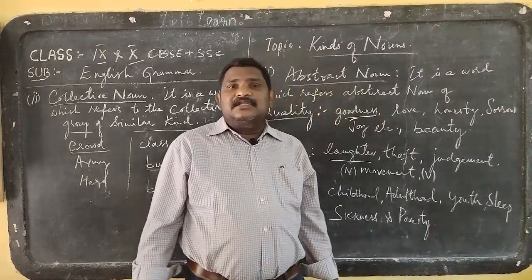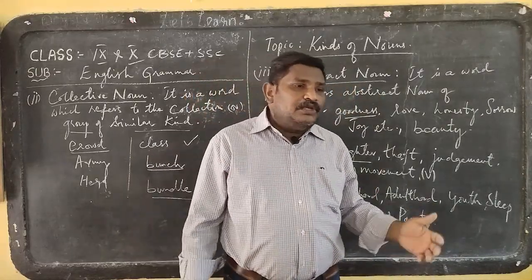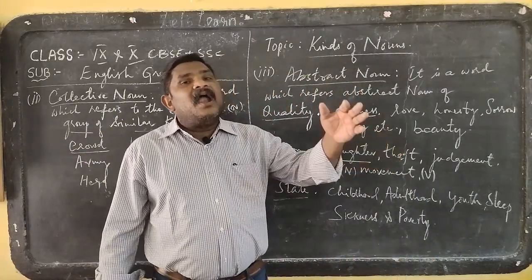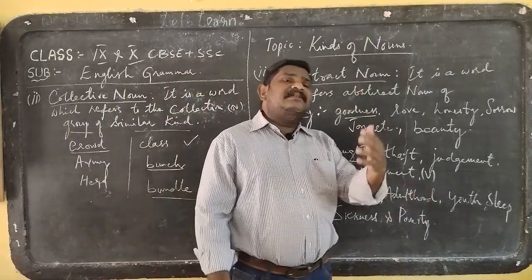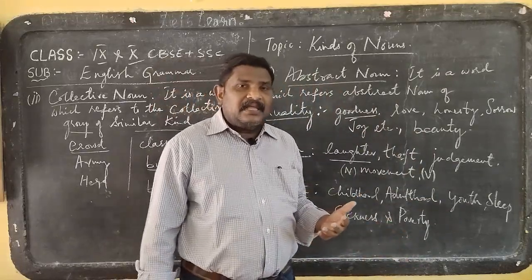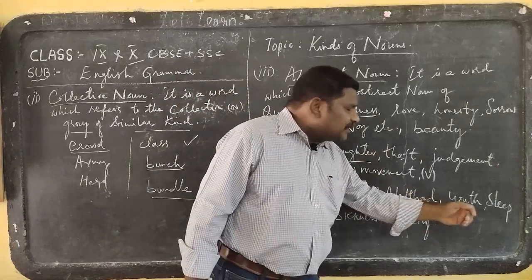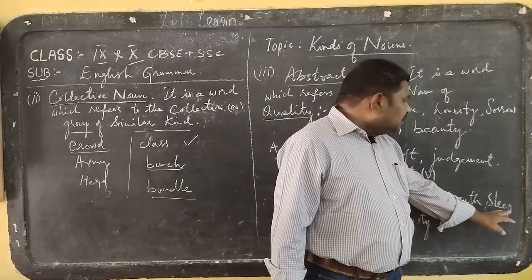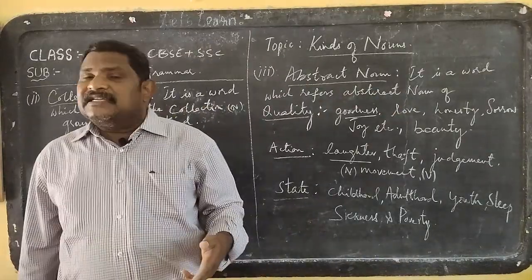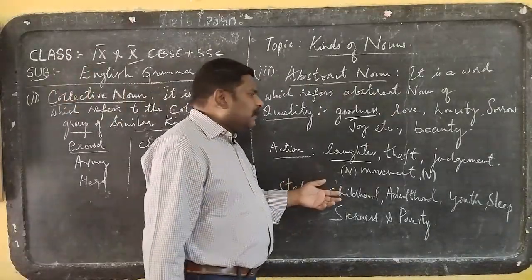Youth can be used as a noun. He is in his youth. She is in her youth. How does youth look like? It's an abstract noun of state. For instance, he is sleeping.